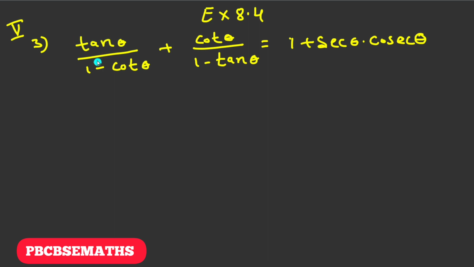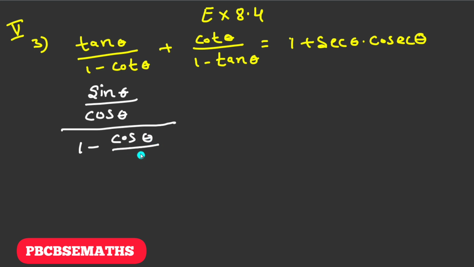We can write tan theta as sin theta by cos theta. So let's write that tan theta is now replaced by sin theta by cos theta. Then in the denominator, 1 minus cot theta can be written as cos theta by sin theta.